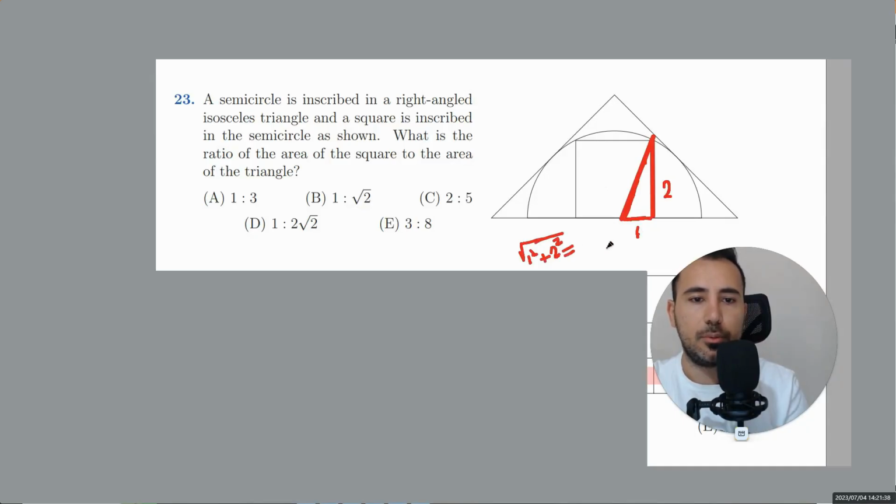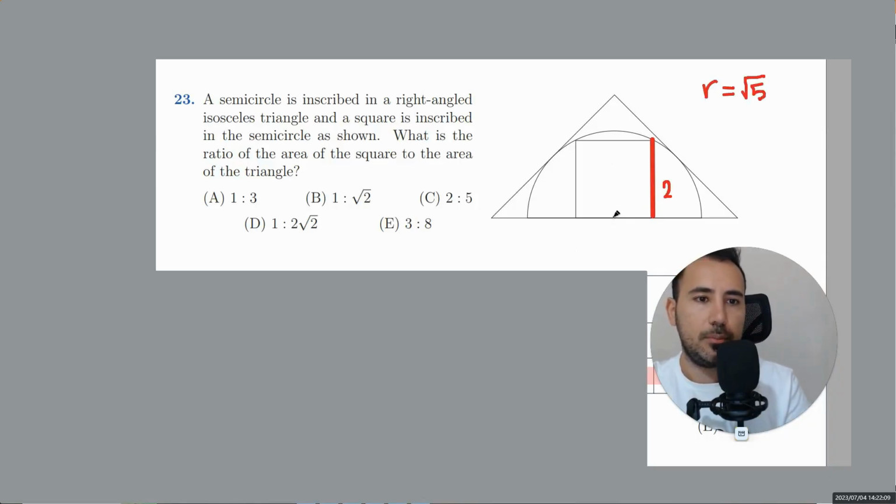Of course, it would be square root of 5. So we have the radius. I think a lot of you have already done this part. So if we now have the radius, how is that helping? The radius is the square root of 5.